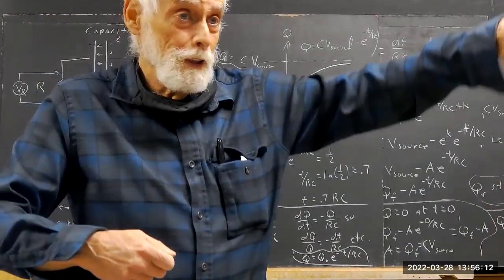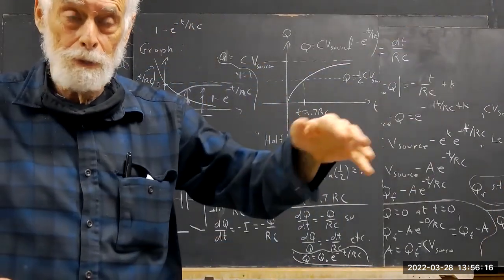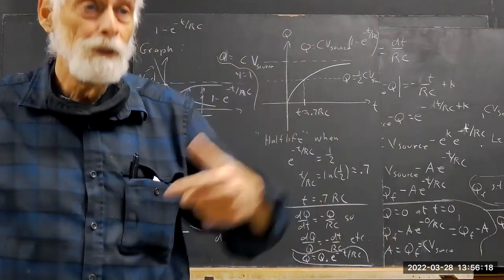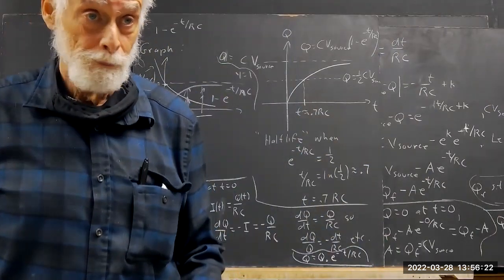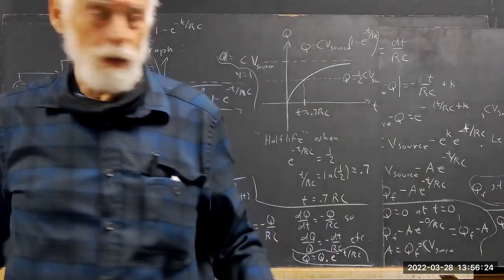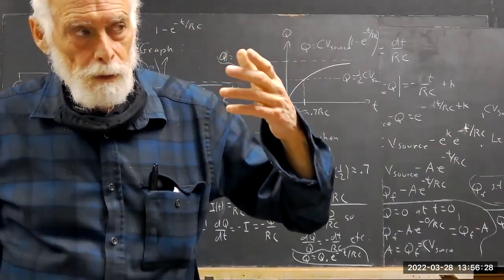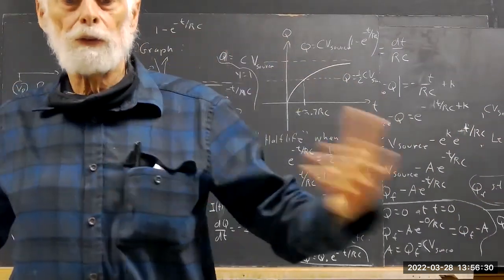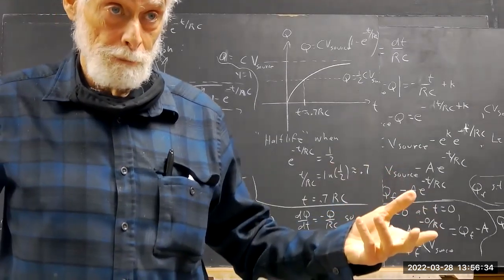But then you reverse it again, it starts going up again. So it goes up, comes down, goes up, comes down, always exponentially approaching whatever the voltage of the source is. That's what happens if you put a capacitor on an AC circuit or an AC voltage, 60 hertz AC.